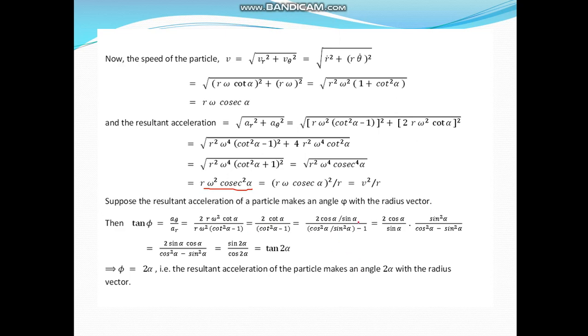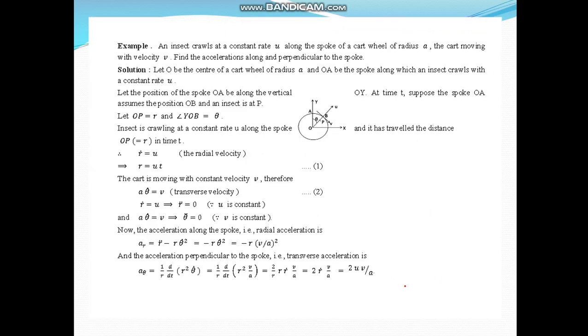Simplify it fully, the result is sin square alpha upon cos square alpha minus sin square alpha, and we can write it is twice sin alpha cos alpha upon cos square alpha minus sin square alpha. It is sin 2 alpha by cos 2 alpha, that is tan 2 alpha. So phi will be equal to 2 alpha, that is, the resultant acceleration of the particle makes an angle 2 alpha with the radius vector.